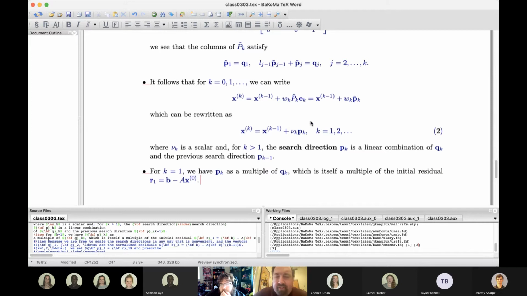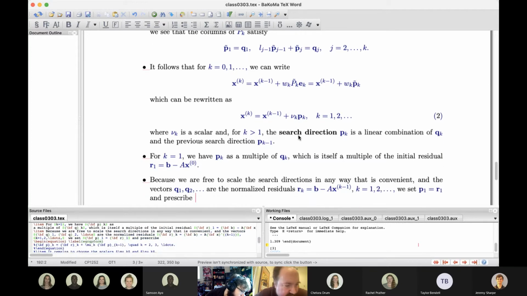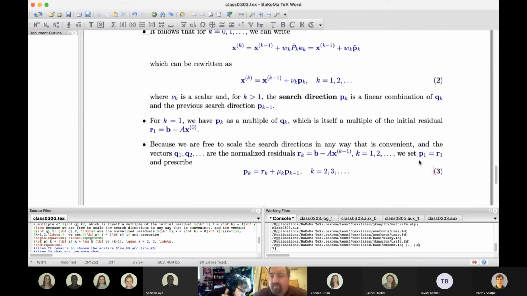The search directions I'm going to scale anyway, so I can scale these vectors in any way that is convenient, and I'm going to take advantage of that liberty. I'll just set p1, my first search direction, equal to the residual. Because I already know it's a multiple of it, I'll just set it to be equal to that.